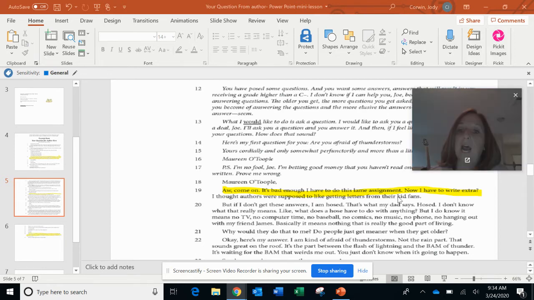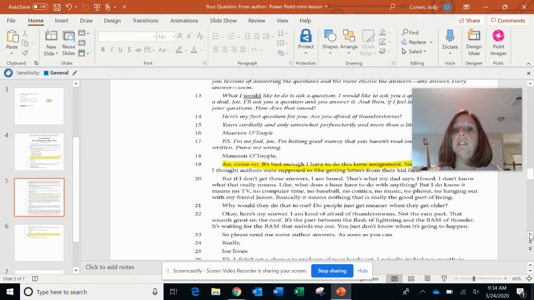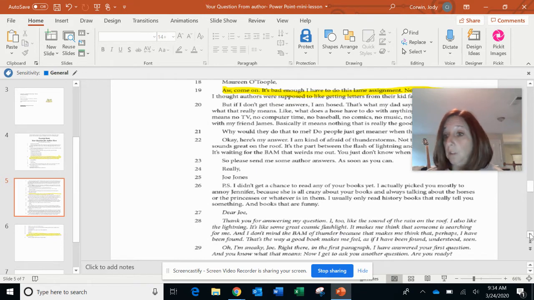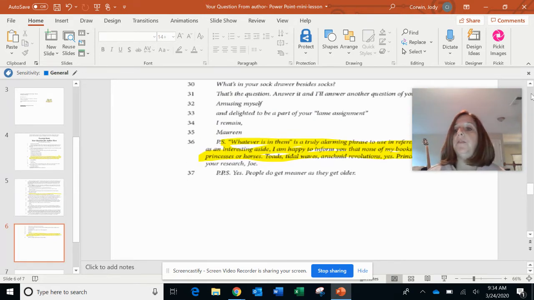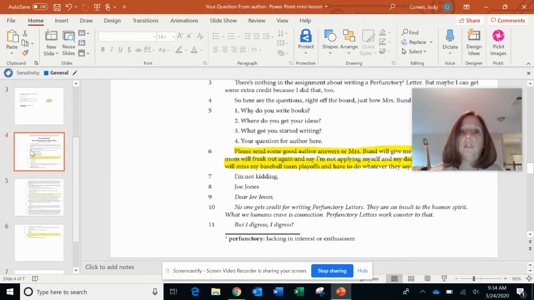So one thing that I notice as a reader is that he's complaining and he has kind of a bad attitude about it. And he doesn't seem to want to do exactly what the teacher tells him to do. Okay. And then you have the letter right here that the author starts to write.